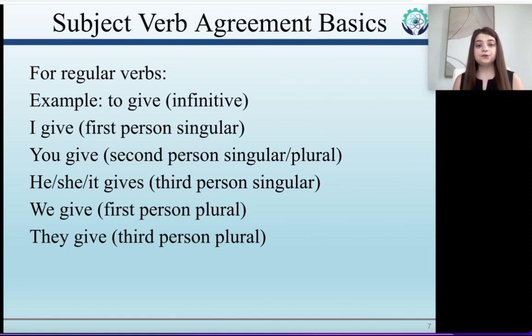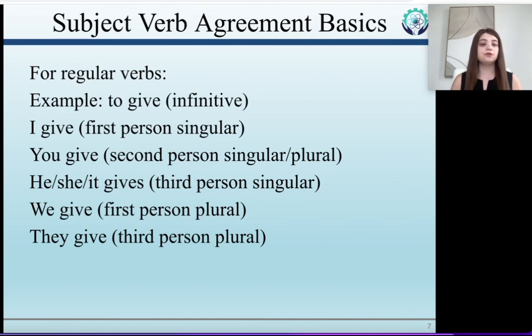So for first person singular, right? Second person singular or plural, because you could be a singular you or it could be plural. I might be talking to you, as in you are one person. I could be talking to you, as in my whole class of many people. So sometimes people forget that you can be plural. And actually, in some languages like French, they have two different words for you.